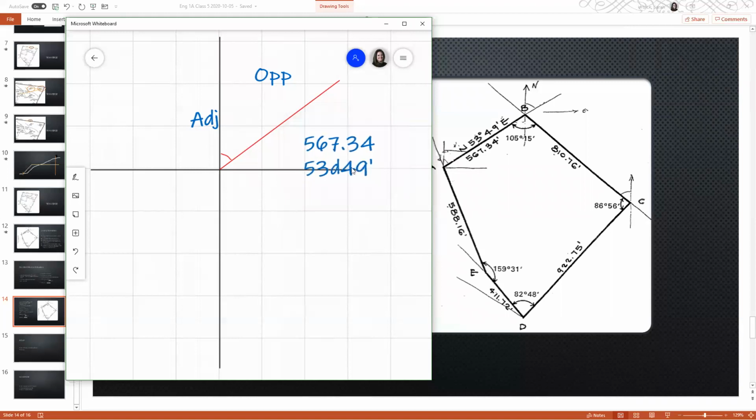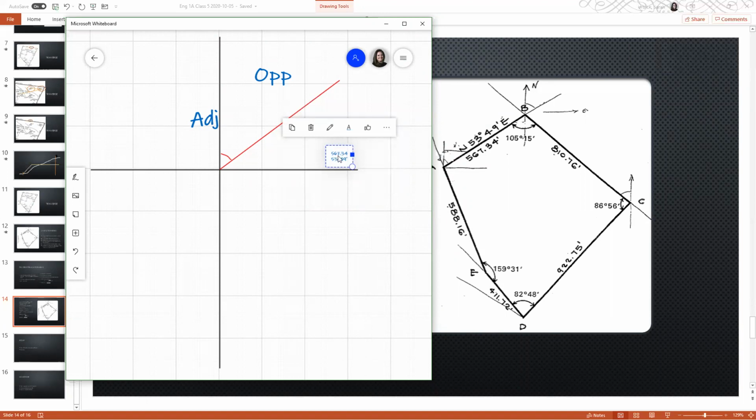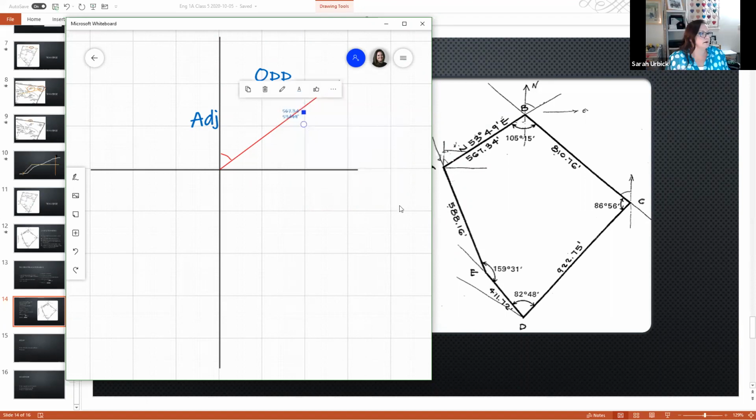Shrink this down a little bit because we're going to take this same coordinate system and put all of our calculations on here so I don't have to keep redrawing it. All right, so there's the data that we have for that line. What does that give us?